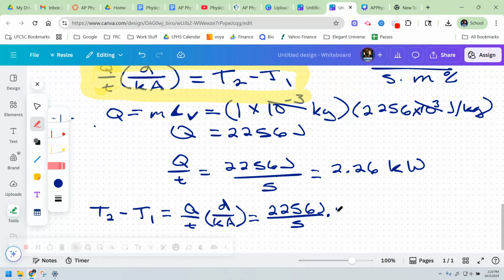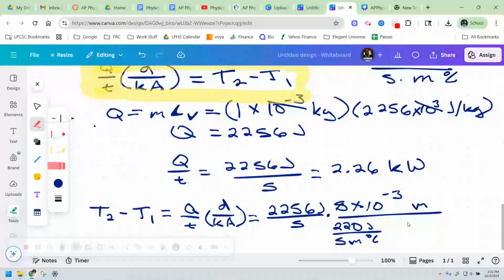This will be times the thickness, which would be 8 times 10 to the negative 3 meters, all over, this is the weird one, 220 joules per second meters degrees Celsius.